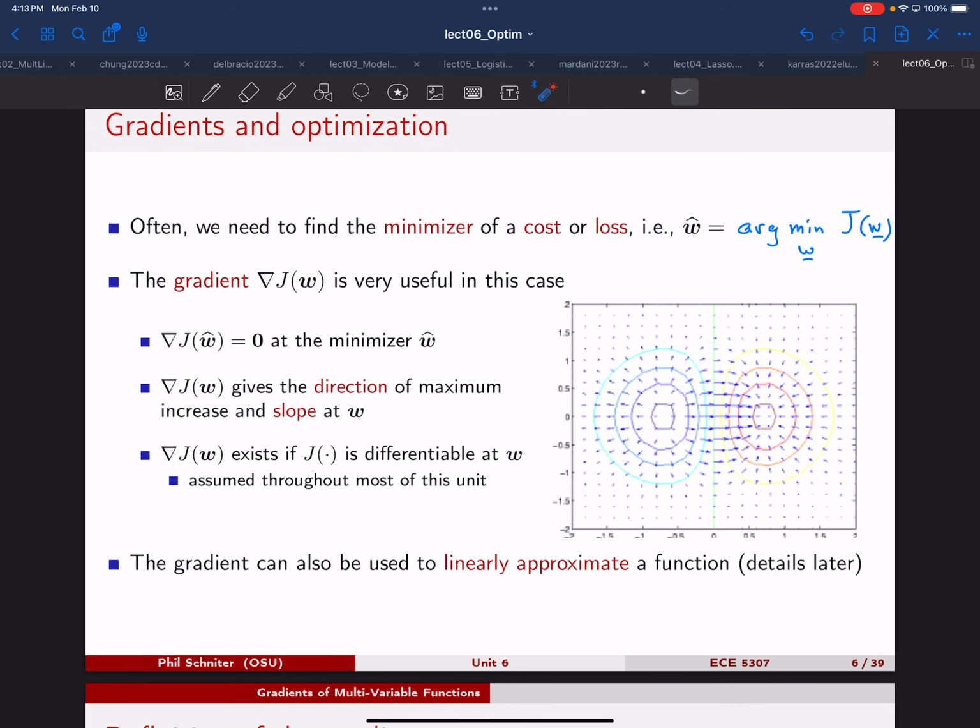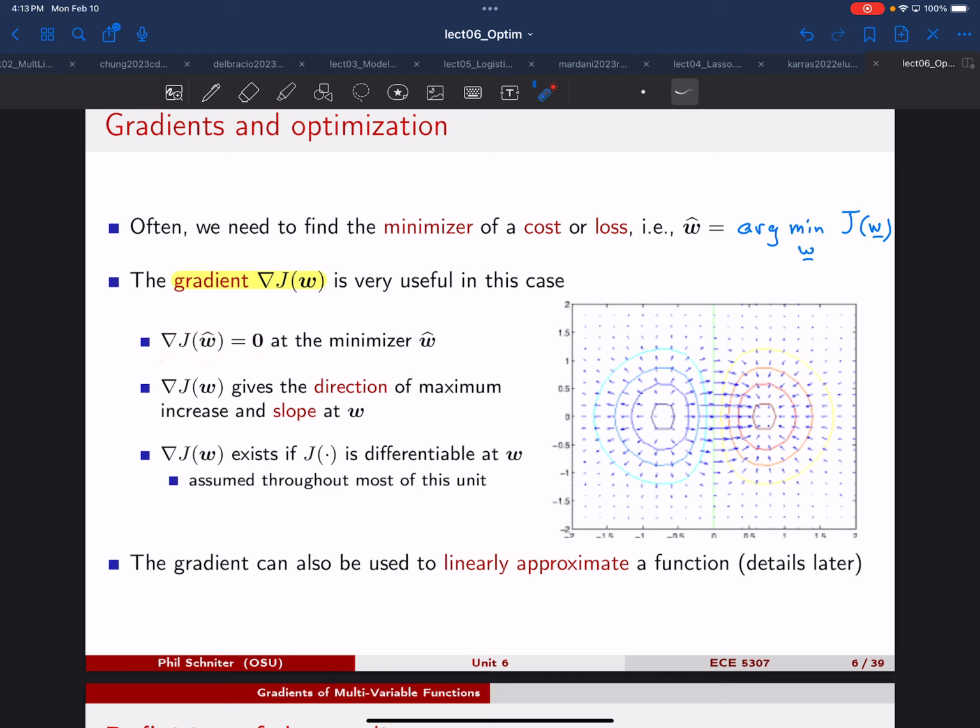So there's a cost J. And let's think about the gradient. One important thing about the gradient that we learned way back in Unit 2 was that the place where the gradient goes to 0 is the minimizer, at least one minimizer of this function. So if we can find the W that makes the gradient go to 0, we know we're at the solution, and that's kind of what we've used until now.